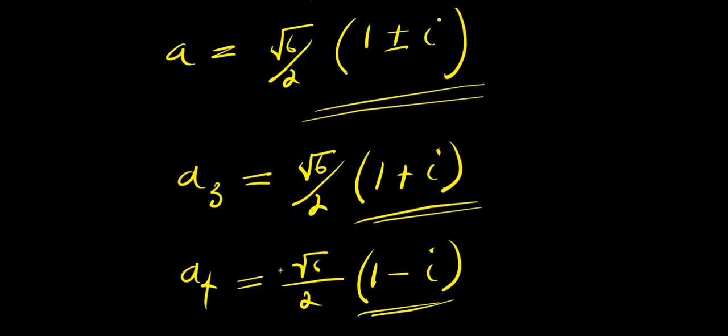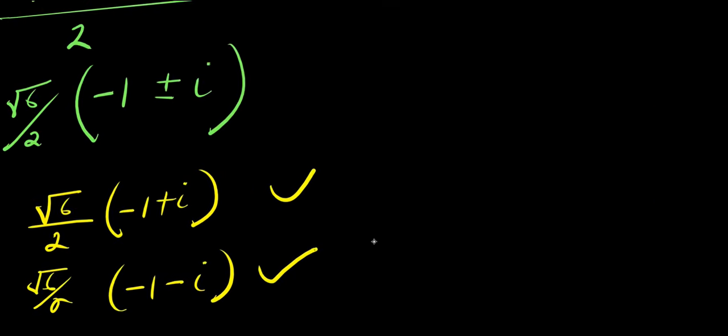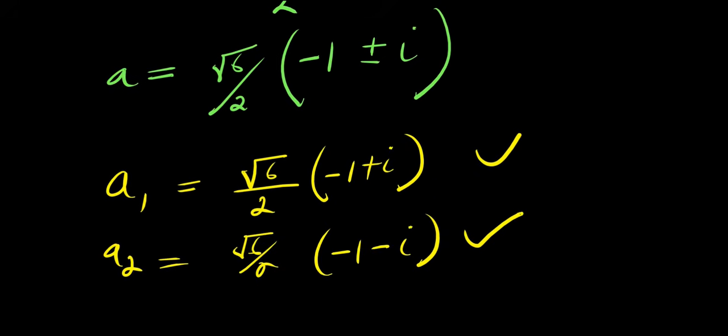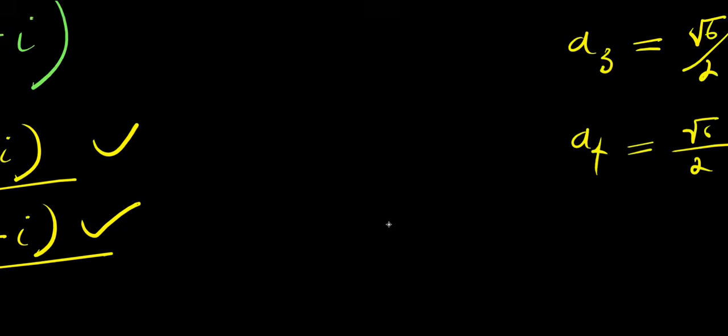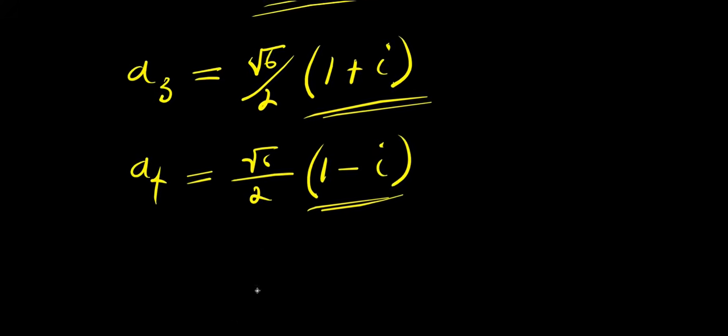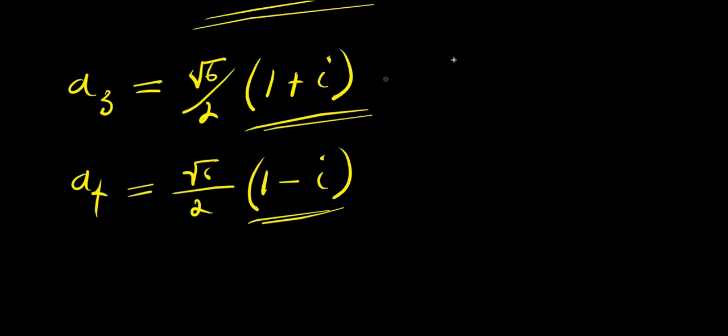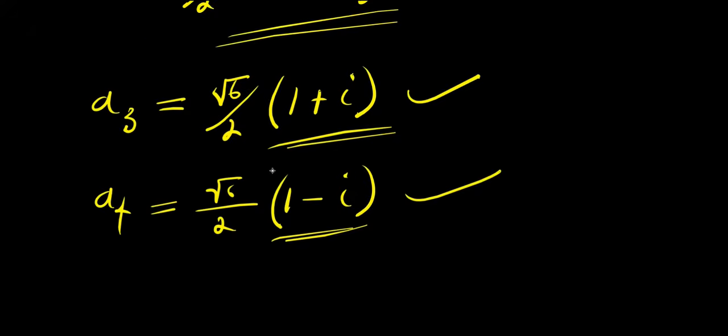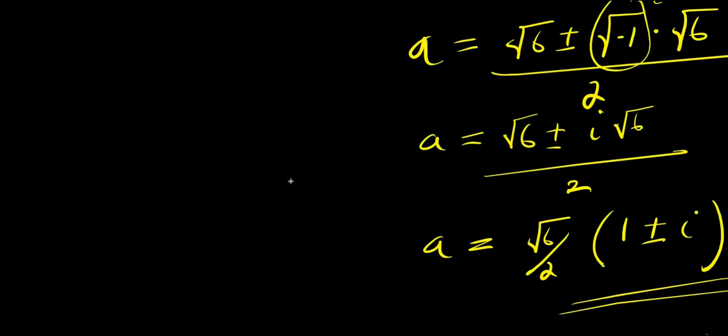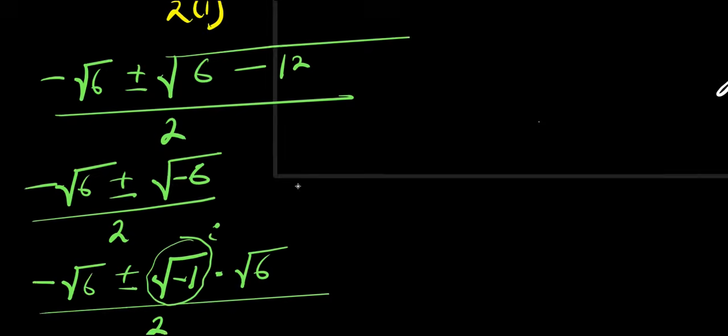So we have 4 different solutions. That is a1, a2, then on this other part, we have a3 and a4. So these are the 4 complex values for a, and that is it.